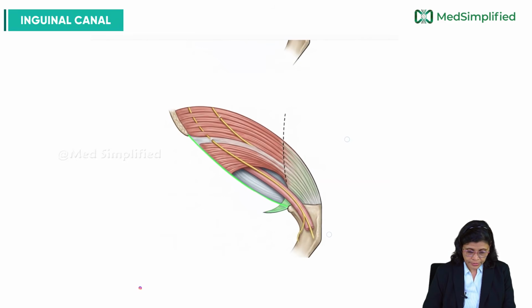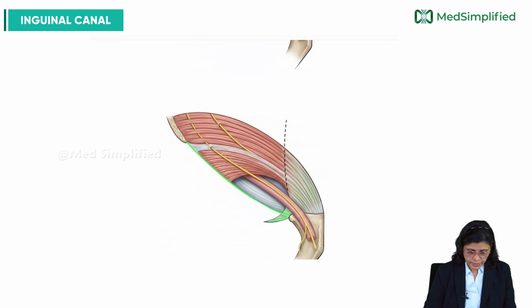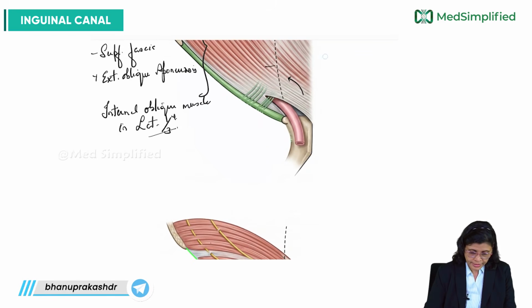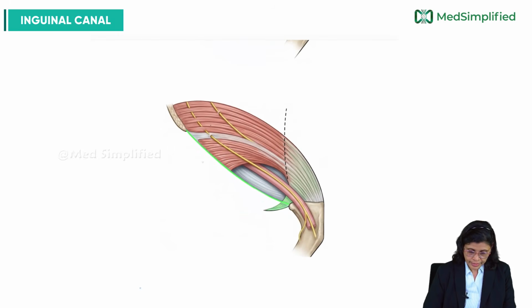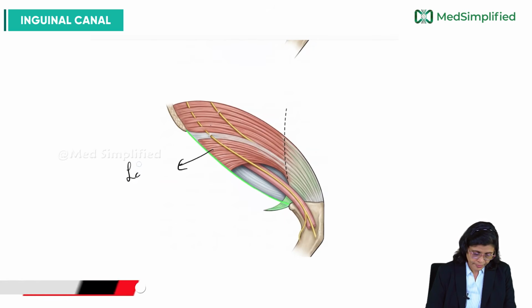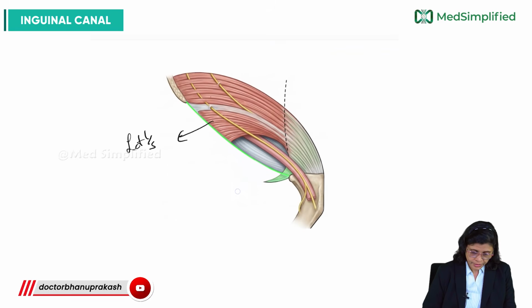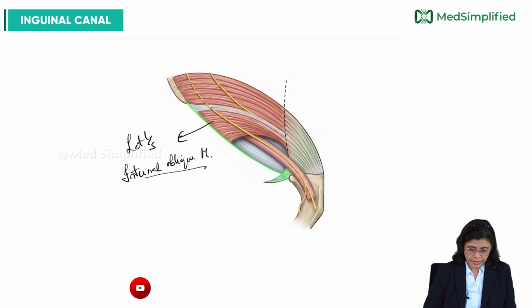And when we go here, we can see this is the internal oblique. So here we saw the external oblique at the entire length, and in the lateral 1/3 we have the internal oblique muscle.